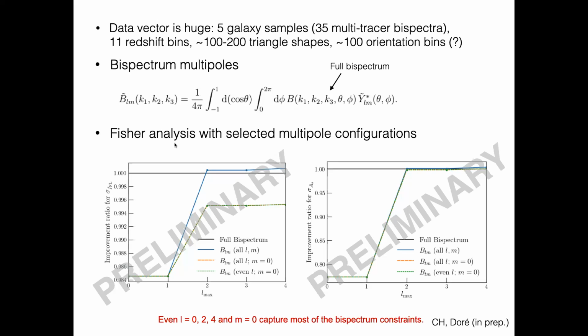And in particular, we want to do a Fisher analysis to look at the different multipole configurations and find out that actually the even multipoles and m of 0 capture most of the bispectrum constraints already.